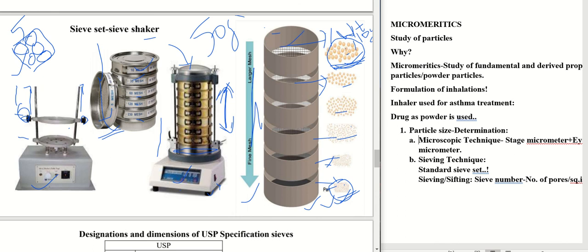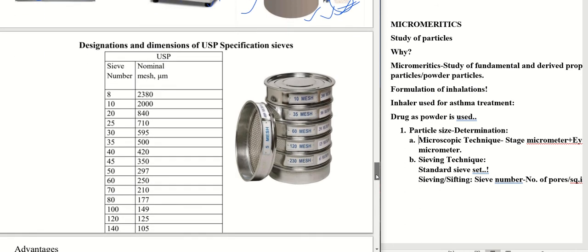How can we determine the particle size then? It is based on the specifications. It is a standard one, very easy. This technique is really very easy. The specifications of each mesh are given by the USP, the United States Pharmacopoeia, which gives us standard information about the sieve numbers.